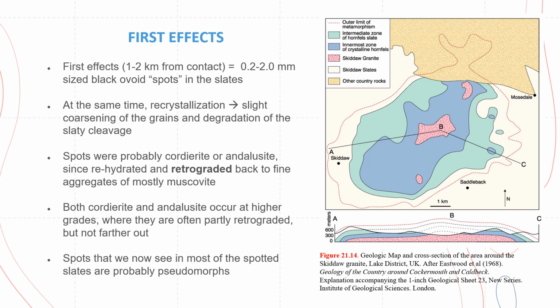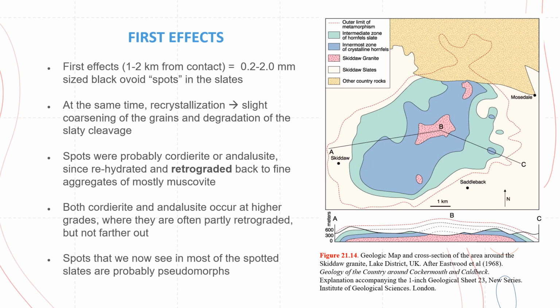So the first effects, being 1 to 2 kilometers from the contact with the igneous body, we have 0.2 to 2 millimeter size black ovoid spots appearing in slates.